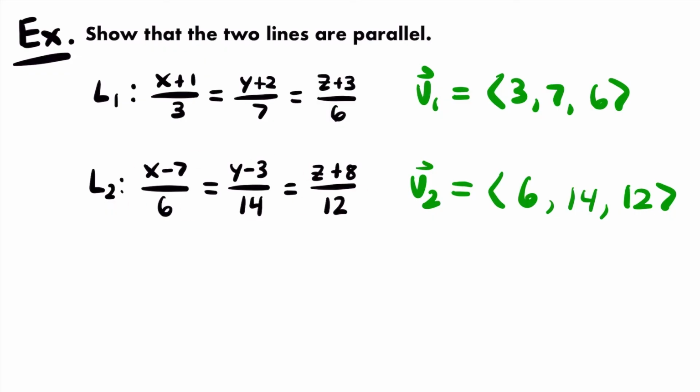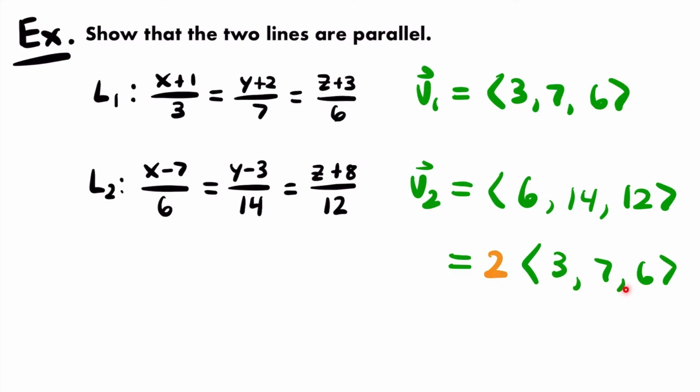And so now, if we compare these 2 vectors, can we determine if they are scalar multiples? Well, if you look at vector v2 here, if we pull out a common factor of 2 from each of these components, notice that they're all divisible by 2, they're all even numbers, what we'll find is that this is equal to 2 times the position vector of the point 3, 7, 6. Right? 6 divided by 2 is 3, 14 divided by 2 is 7, and 12 divided by 2 is 6.